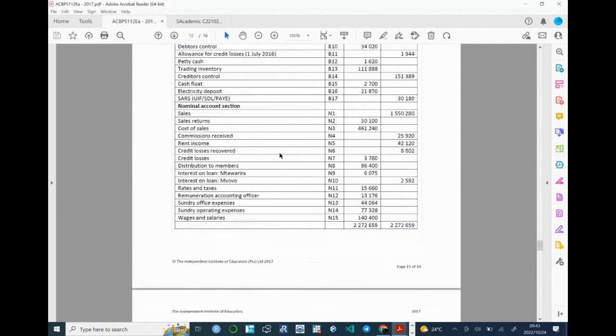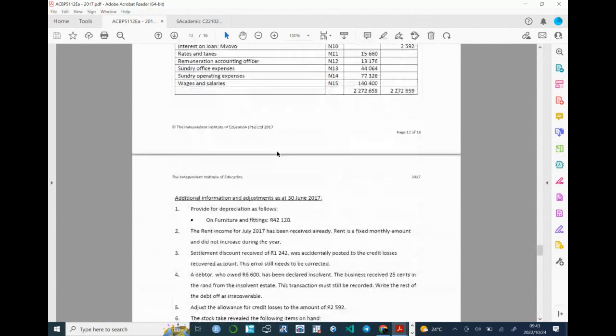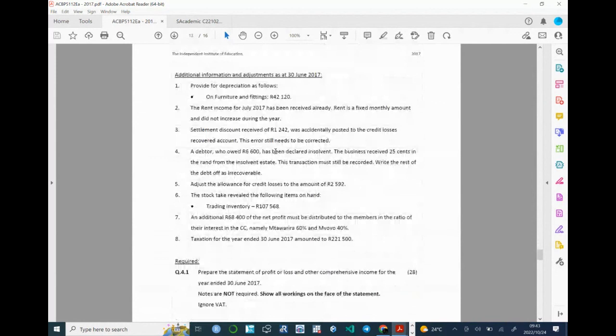Here they're telling us that when we do a stock take, we have 107. Cost of sales and trading inventory. Okay, so cost of sales is increasing by whatever that difference is between the 111 and 107,000. Trading inventory in the balance sheet or in the inventory section on the notes is decreasing by that amount.